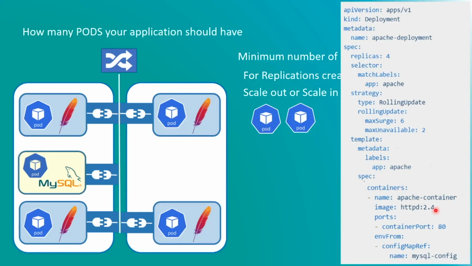The container image is httpd 2.4 and the container port is 80. Now, if you pay attention here to the specification of my deployment, I have replicas as 4. That means I should have 4 pods running. Once the application receives more and more traffic, I can scale out to a max of 6. It can go down if the load is not there to a minimum of 2, not less than 2.